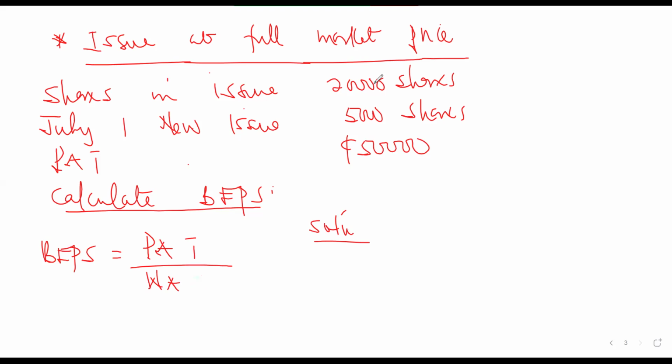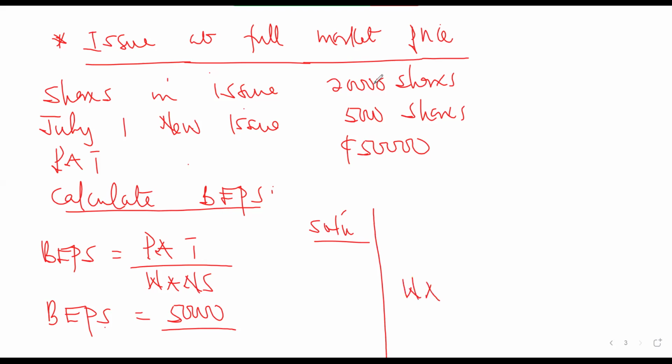So our basic earnings per share will be equal to the 50,000 over the weighted average number of shares. But the number of shares will not be 25,000, because their contributions to the profit are different. So let's calculate our weighted average number of shares here.